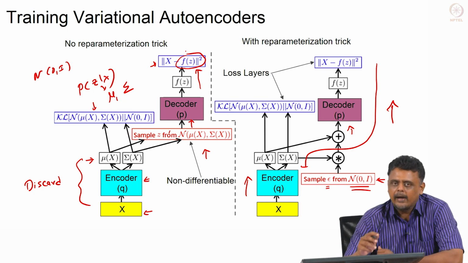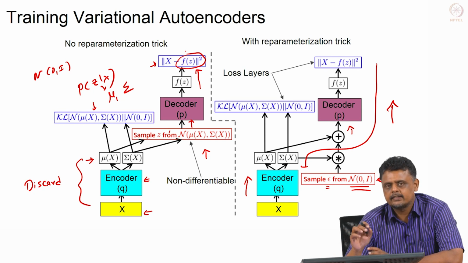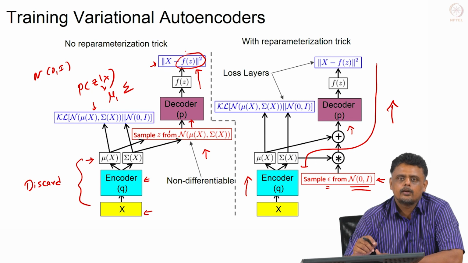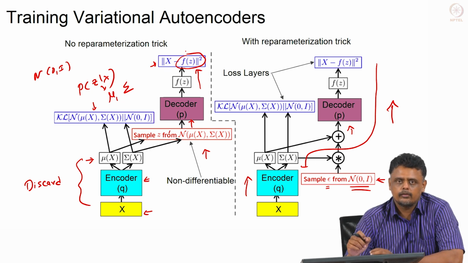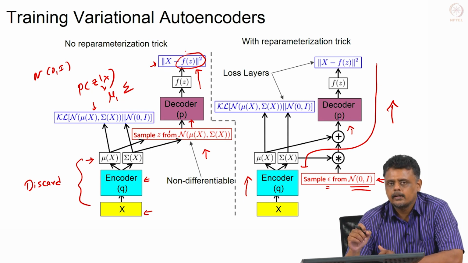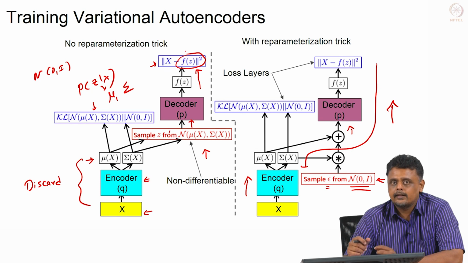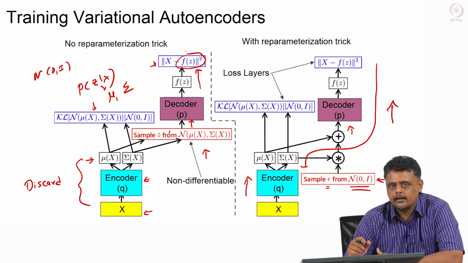So, we have parameterized the probability distribution as Gaussian, and we have estimated the parameters of the Gaussian using neural networks. This is the strong point of this variational autoencoder, in addition to having a principled way of obtaining the cost function. It means that the z's that you generate from your training data are meaningful.